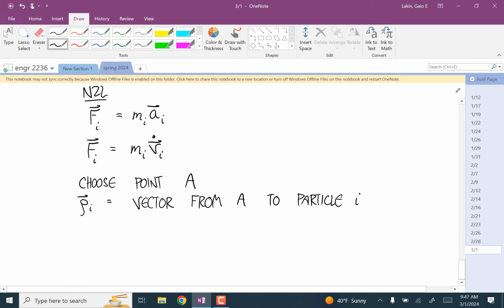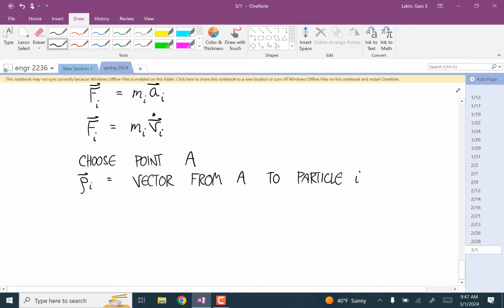If these two things are equal, we can take rho cross each side individually. So rho i cross Fi is equal to rho i cross mi vi dot.